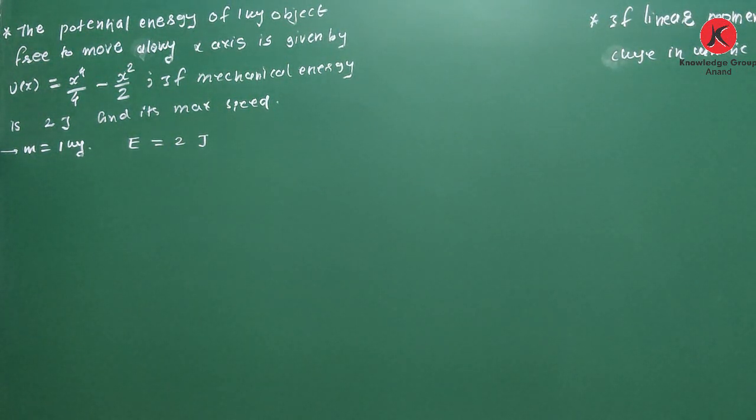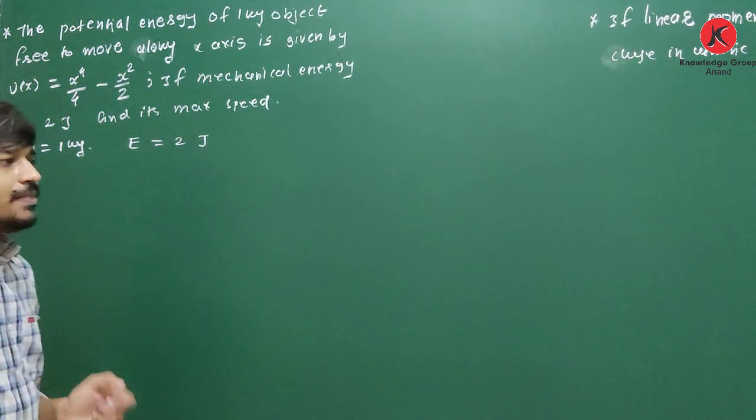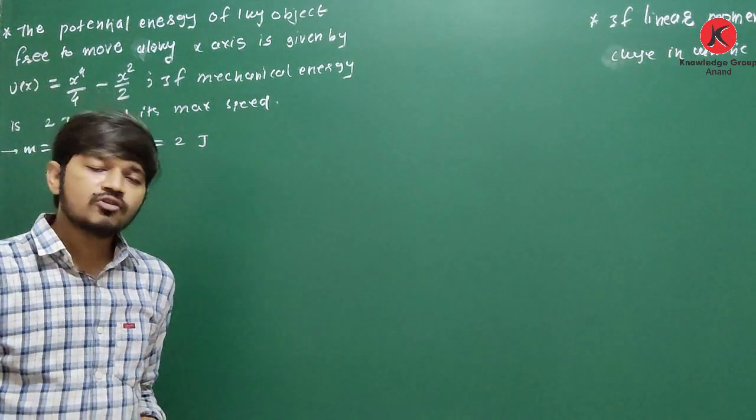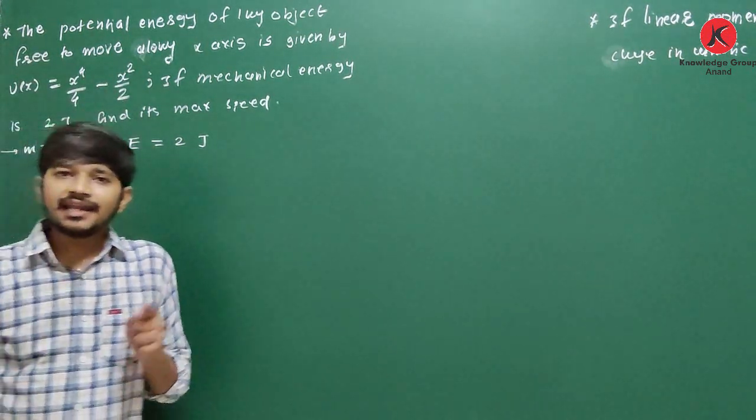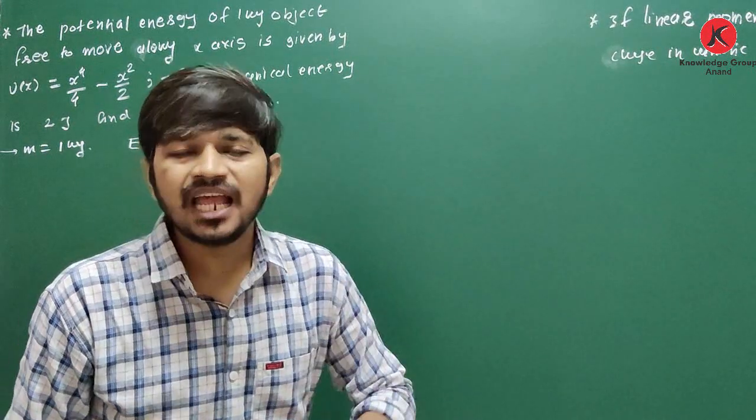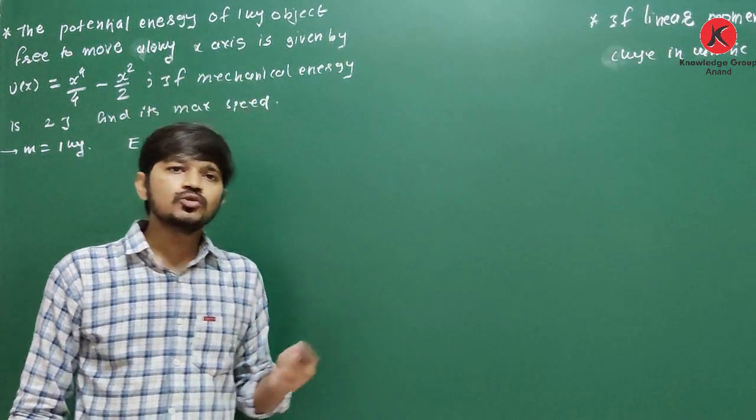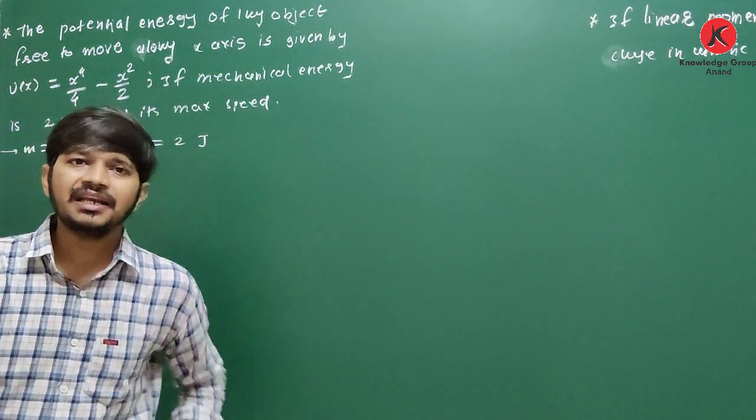See, if speed is maximum, then kinetic energy is also maximum. And when kinetic energy is maximum, potential energy is minimum, according to the law of conservation of mechanical energy.